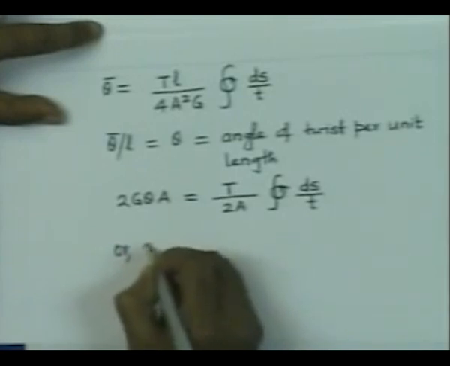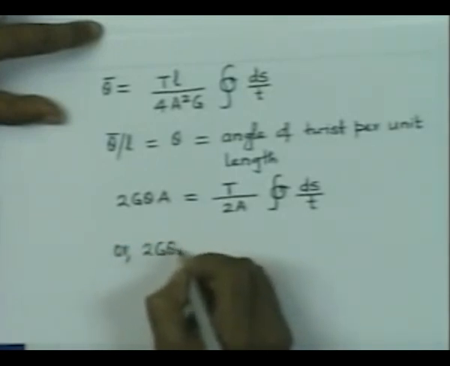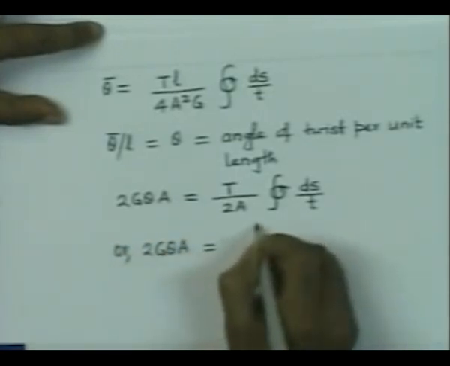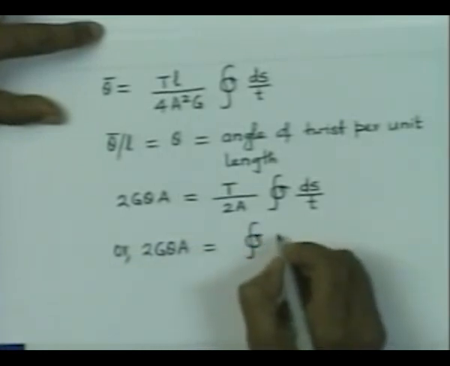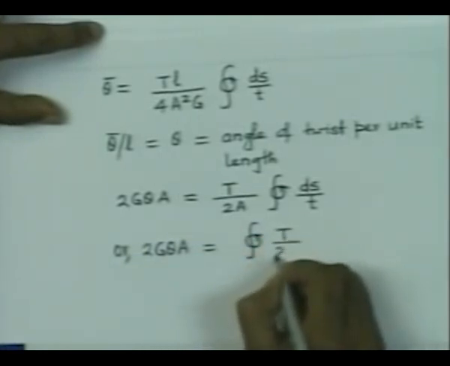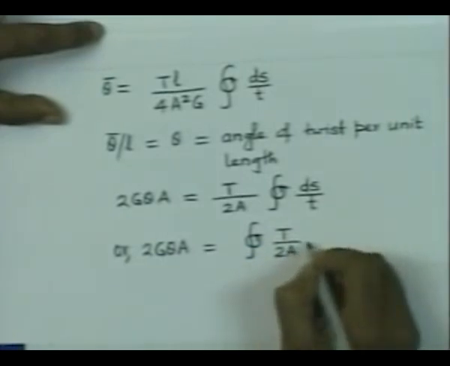We can write this again as twice G theta into A equals integration of T by 2A ds by T.